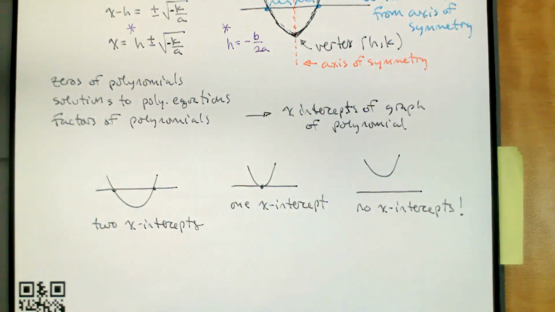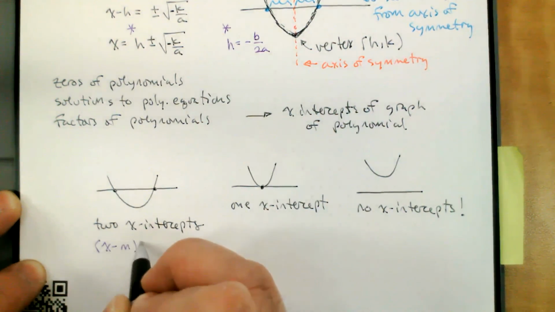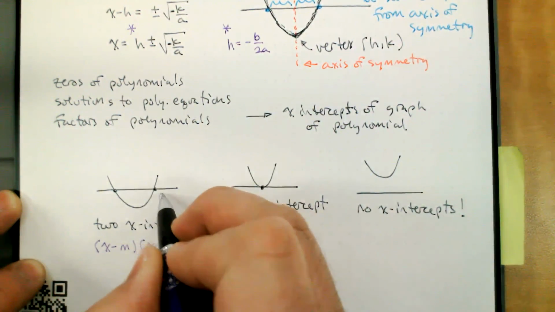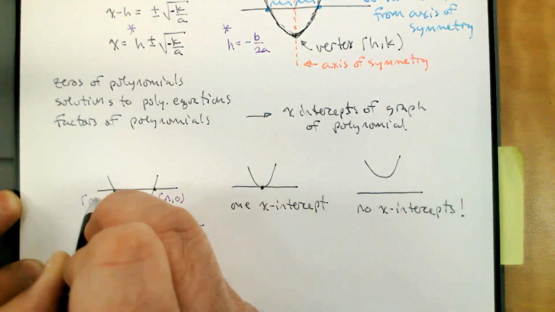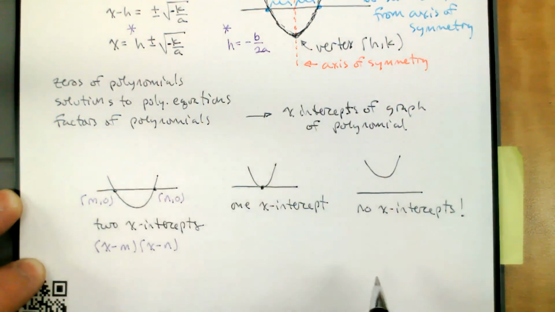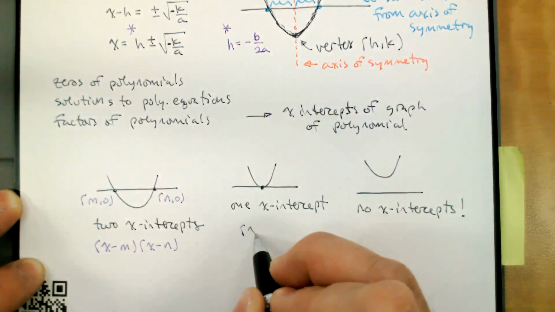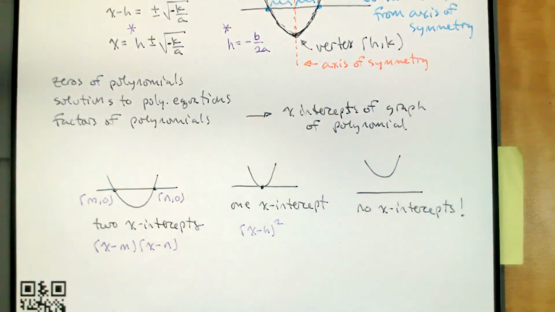And this informs us of the form of the polynomial. If I have two x-intercepts, I'll have two different factors. If there's only one x-intercept, it will be the vertex, and our factors will be a copy.